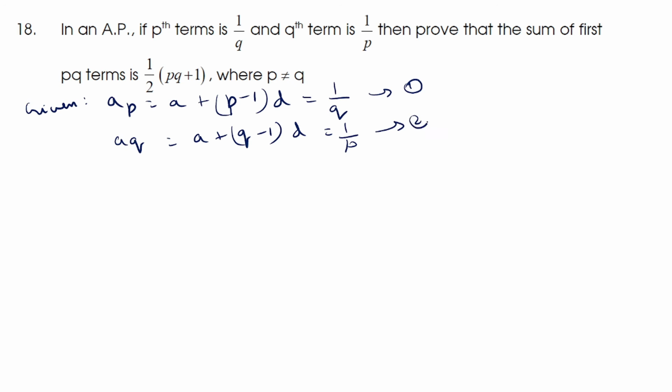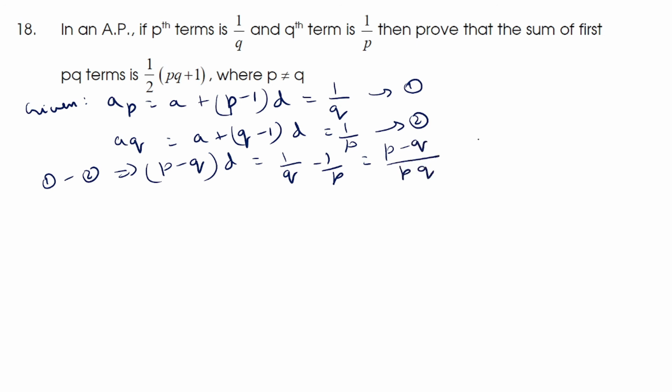So we can solve 1 and 2 and find A and D. So 1 minus 2 implies (P minus Q) into D is equal to 1 by Q minus 1 by P, or this is equal to (P minus Q) by PQ. So from this we get D is equal to 1 by PQ.